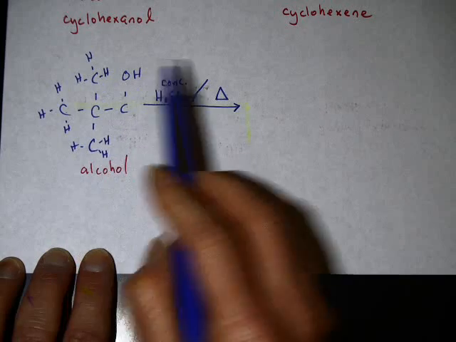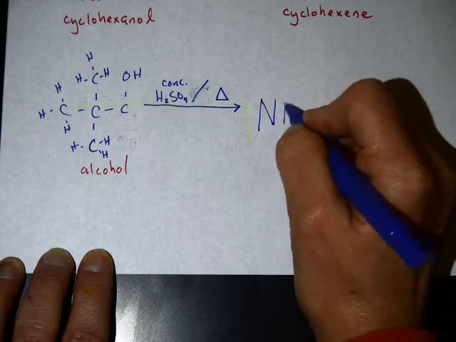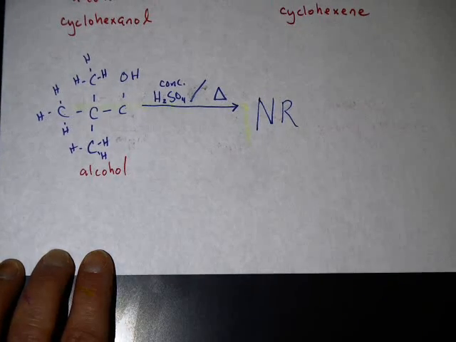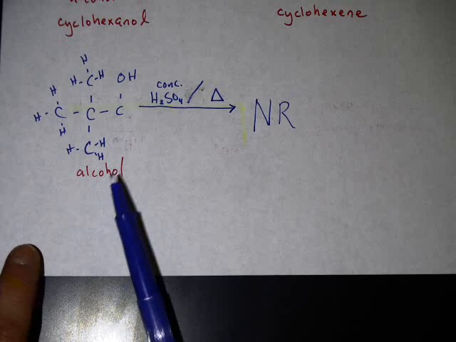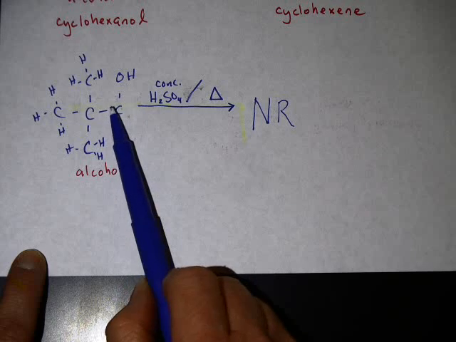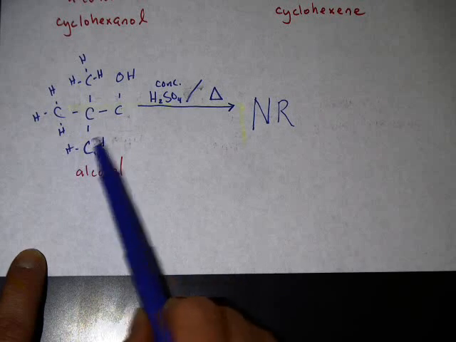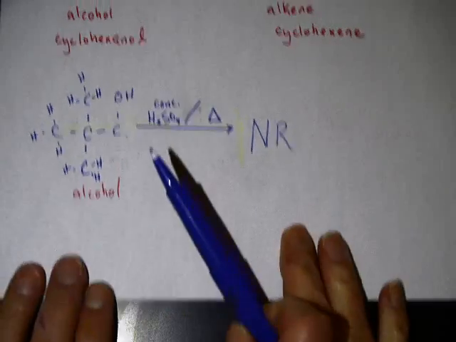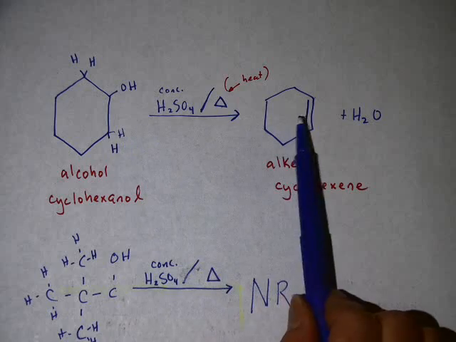Since this carbon has no H, this will be no reaction. So alcohols can be dehydrated for sure, but not every single alcohol. You need to have a carbon with an OH right next to a carbon with an H. If it's right next to a carbon with no H's, then no reaction. Up here, the carbon next door had H, so this was a reaction.